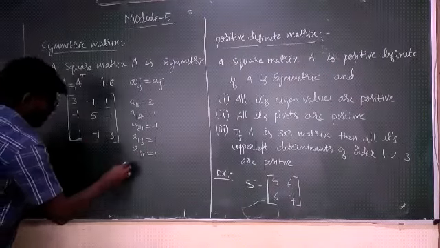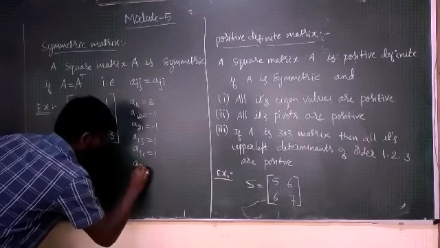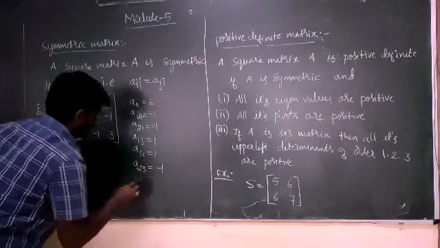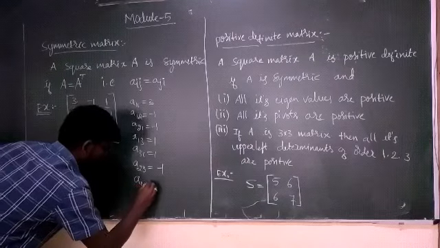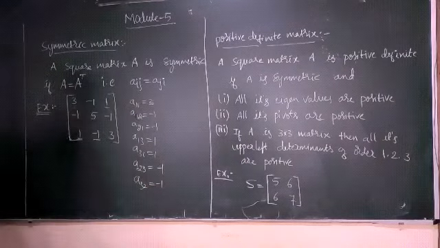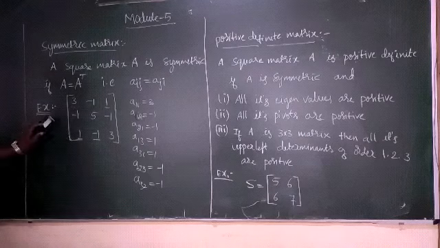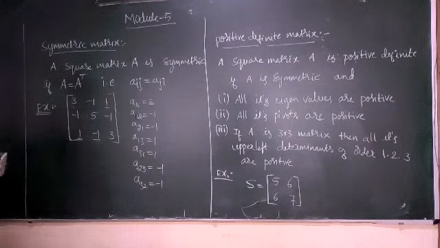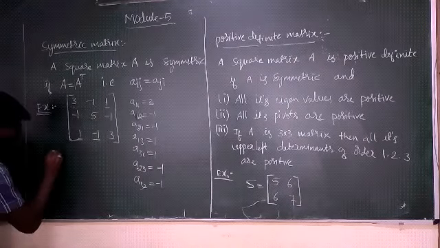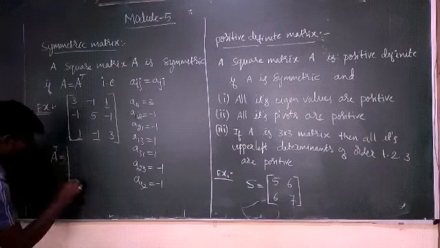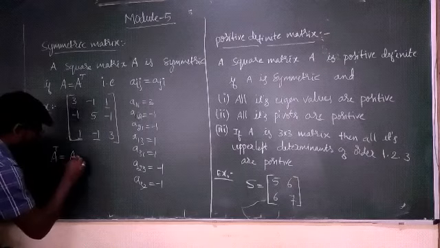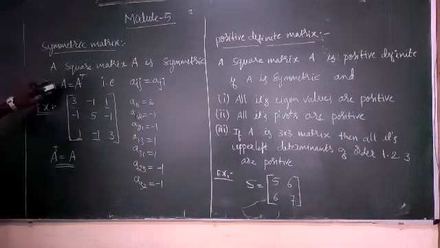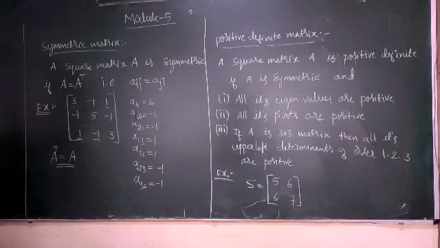Also A23 is minus 1, and A32 is minus 1. Therefore, we call this a symmetric matrix. A transpose is nothing but the same given matrix. Therefore, the given matrix is a symmetric matrix.